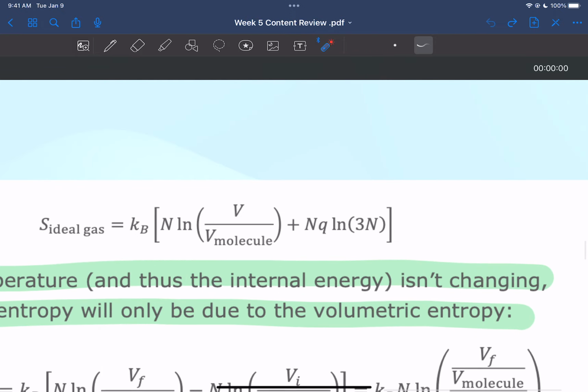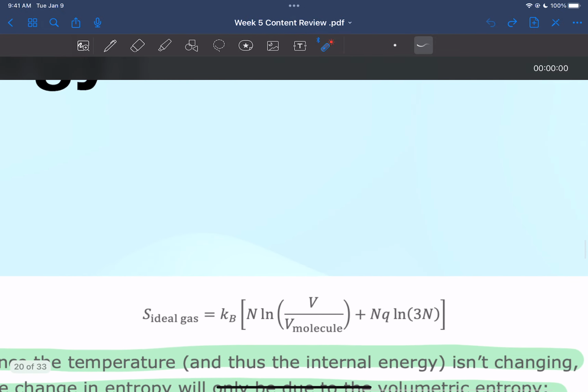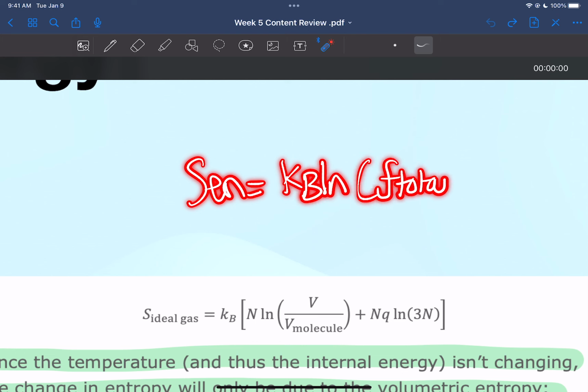And if you aren't changing your degrees of freedom, remember we said that energetic entropy is Kb ln of the total degrees of freedom raised to the total number of energy blocks. If we're not changing the identity or number of molecules, and we're not changing the temperature, then no temperature change means you're not unlocking new degrees of freedom, and you're not stepping down to lower degrees of freedom either.